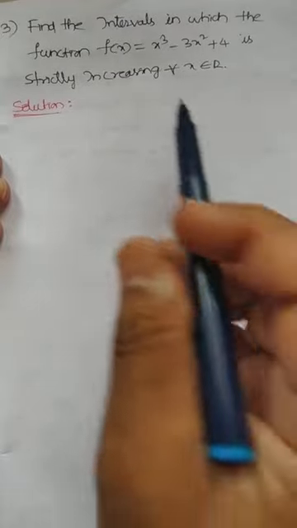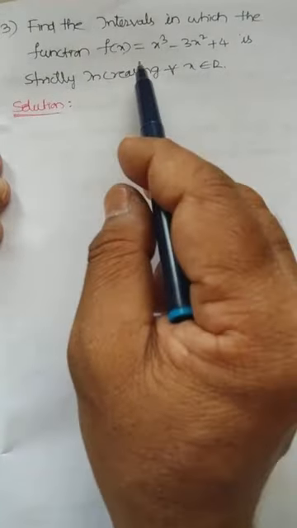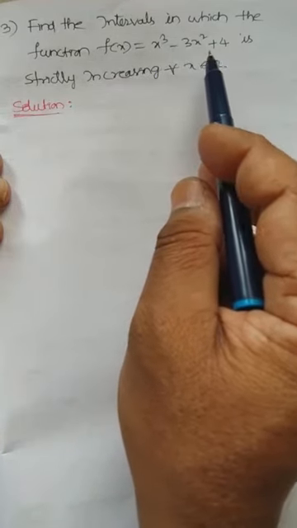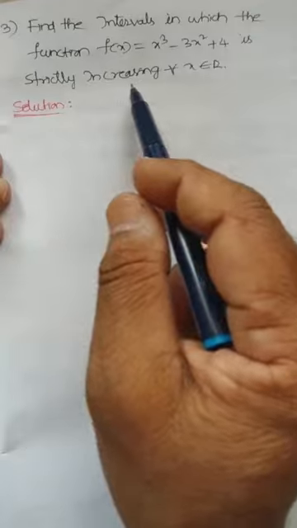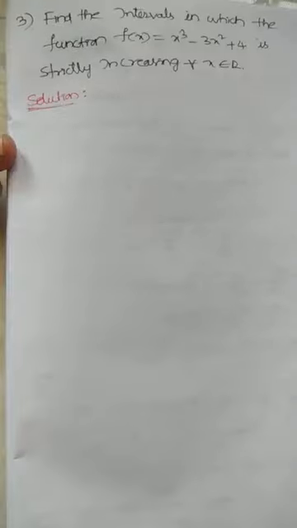Now the third problem. Find the intervals in which the function f of x equals x cube minus 3x square plus 4 is strictly increasing for all x belonging to R. We have to check it now.